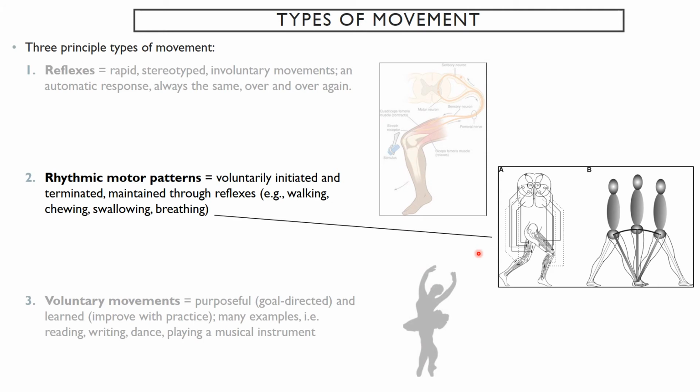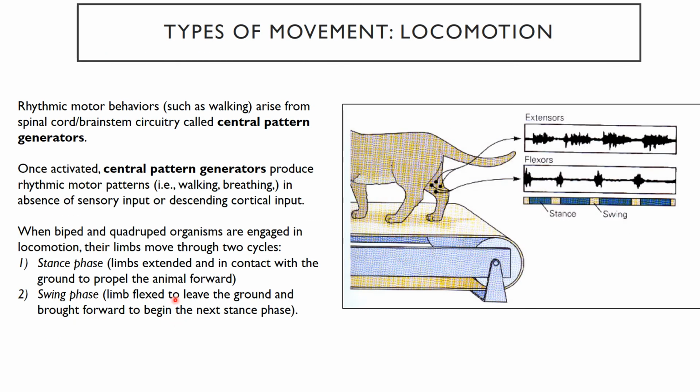Okay, so those are the two reflexes that we have learned about. Those are the two simple and elegant systems. We're going to briefly talk about rhythmic motor patterns and how this occurs in the nervous system. There are all kinds of rhythmic motor patterns that can be induced to allow for changes in behavior.